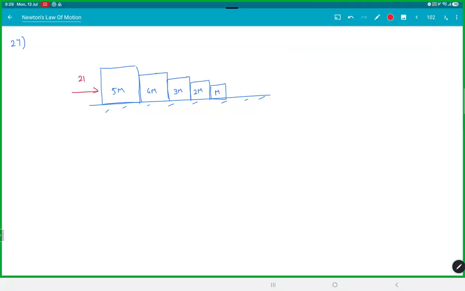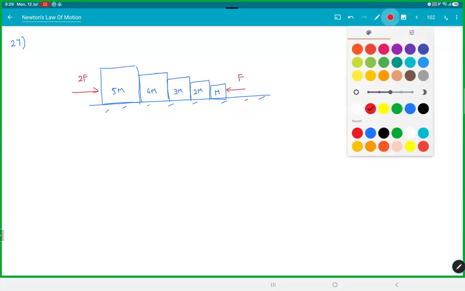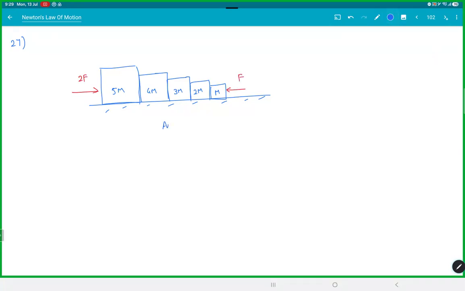Someone is pushing here with 2F, someone here pushing with force F. All surfaces are smooth. Find the acceleration and the normal reaction between M and 2M.